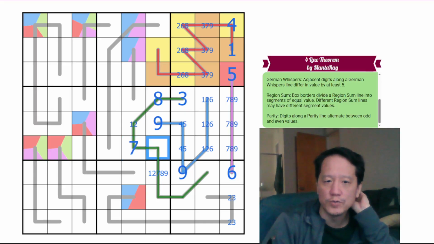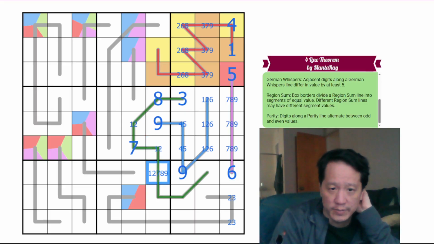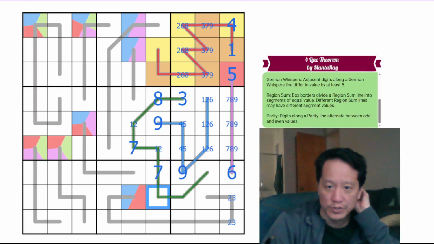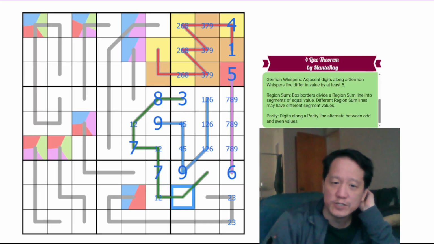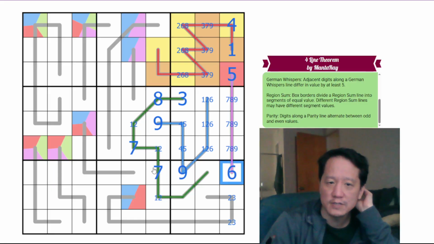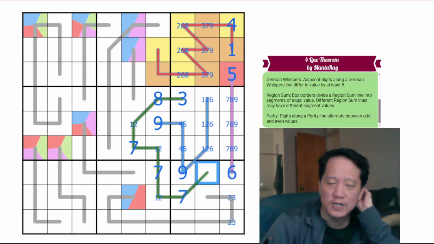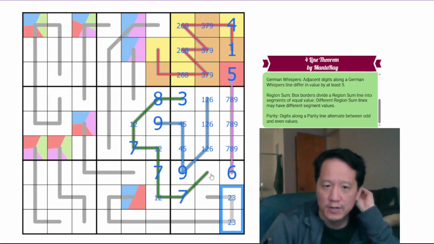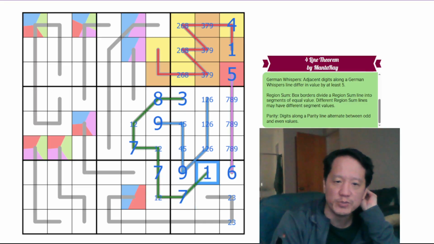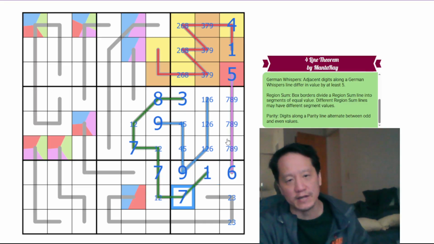So then this is 1 or 2 next to 7, because it can't be 6, can't be 9, so this is 7 or 8 here, cannot be 8 because of the 8 in the column. So this is 7, and this is a 2, 3 pair, which forces this to be 1 to be next to the 7, and that fails.